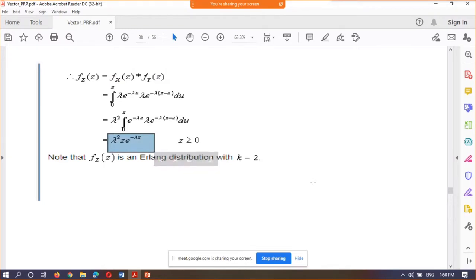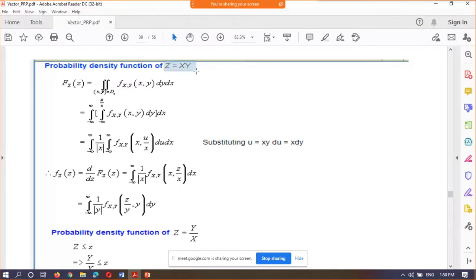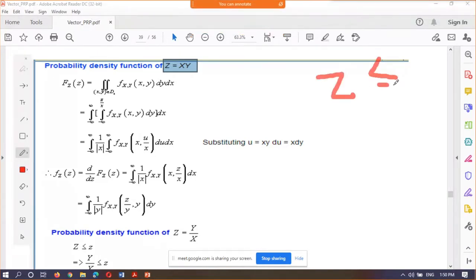So this is one way. Another way is when you have a product. This is also a transformation, and in that case you again have to find the event Z less than or equal to small z. Here you want XY less than or equal to small z.